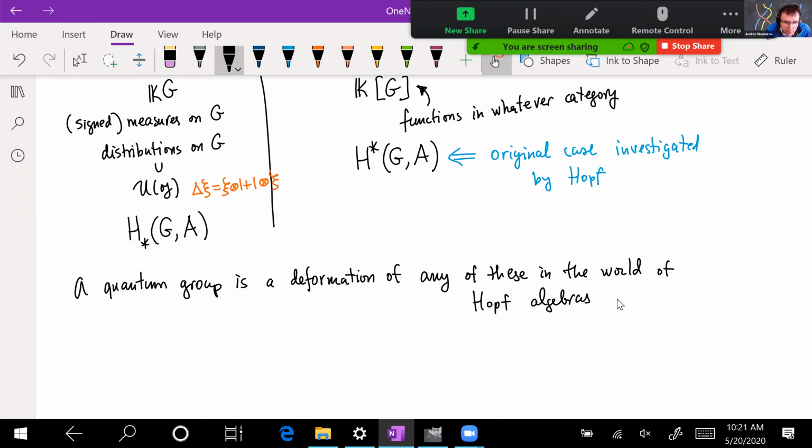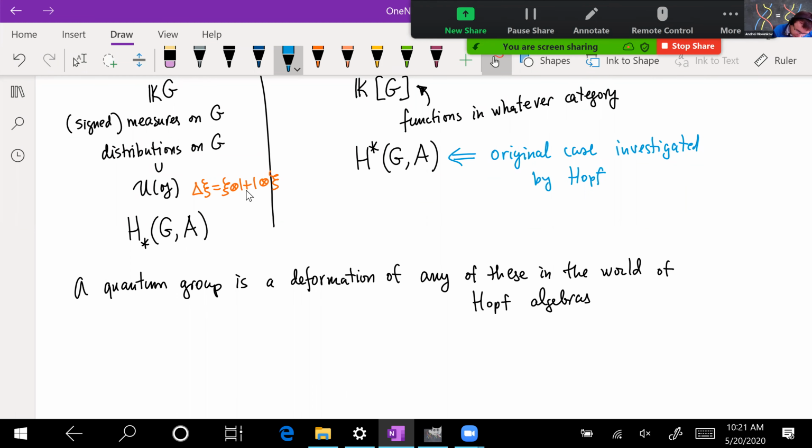The main direction in which this deformation is going is that if we look at this column here, you see that while the multiplication in the universal enveloping algebra is commutative, this is not commutative.